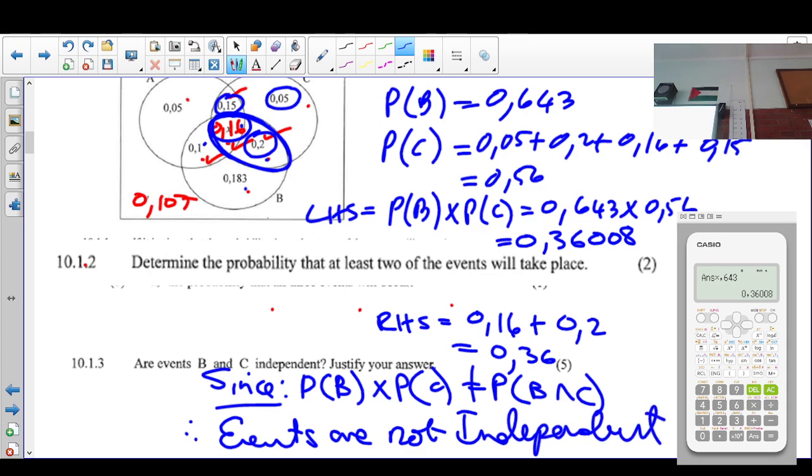We can say the events are dependent. For events to be independent, it must be equal. It can't be almost equal. It must be equal. They rounded it off.